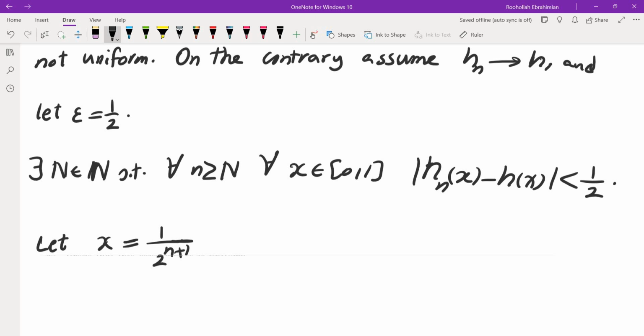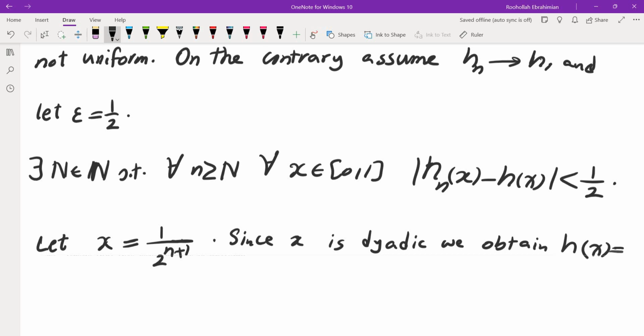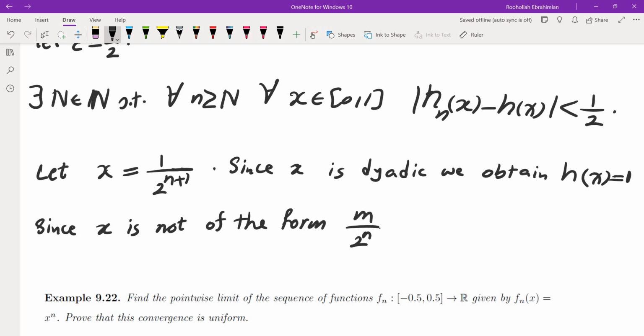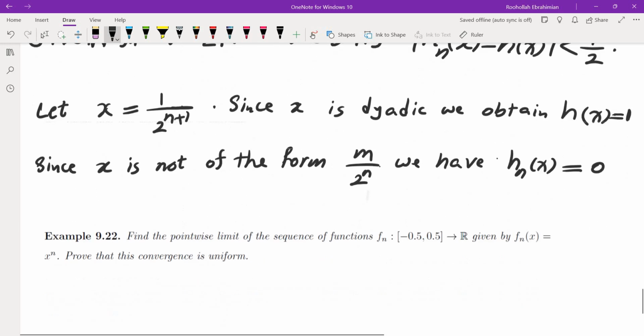Now, we know that x is dyadic. So since x is dyadic, we obtain h of x is, I believe it was 1. But since x is not of the form m over 2 to the n, we have Hn of x is still going to be 0.